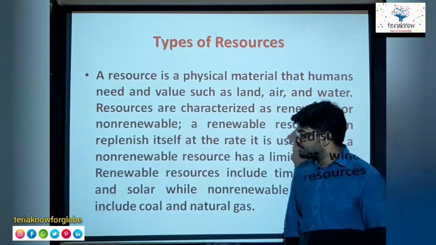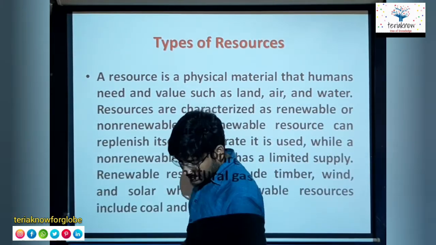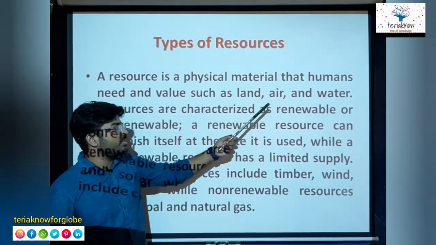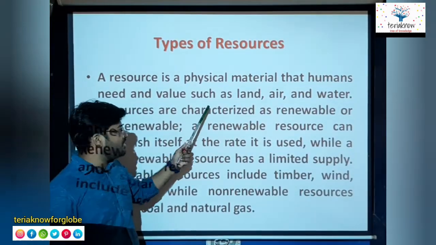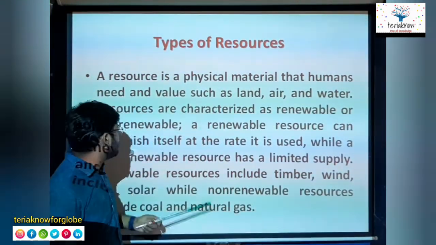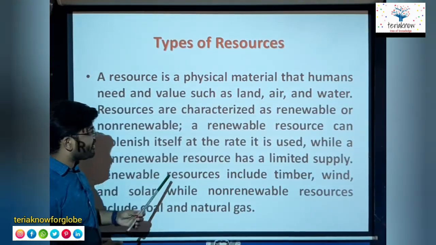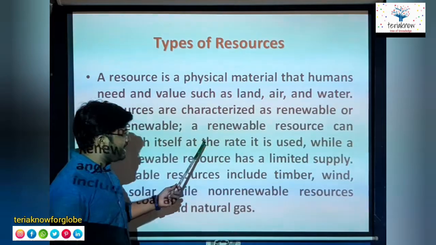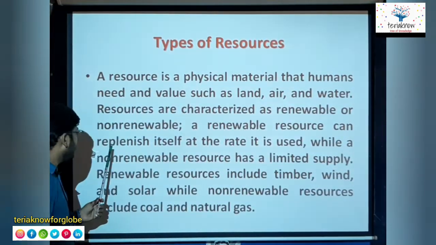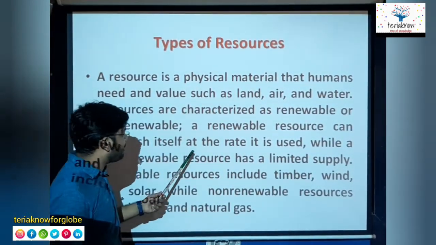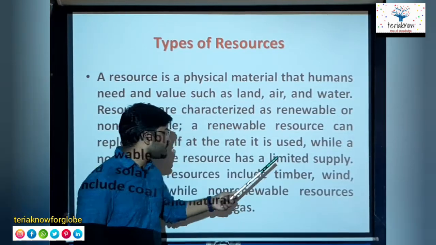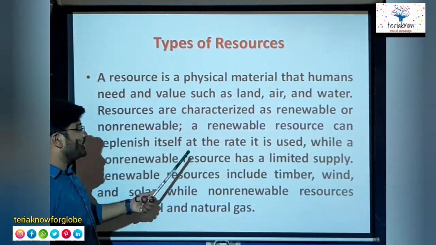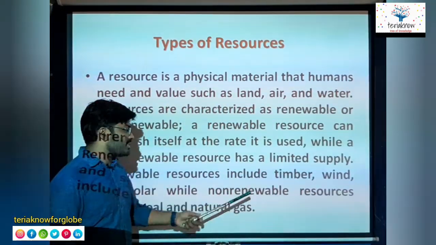All right, so types of resources. You can see here resources are the physical materials that humans need and value, such as land, air and water. Resources are characterized as renewable or non-renewable. Renewable resources can replenish themselves at the rate at which they are used, while non-renewable resources have a limited supply.